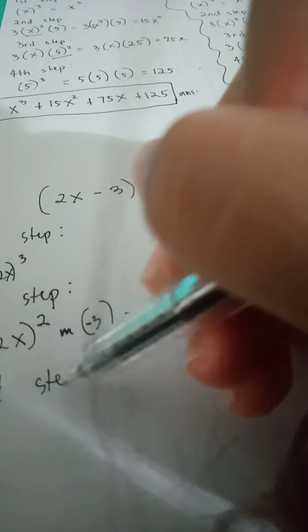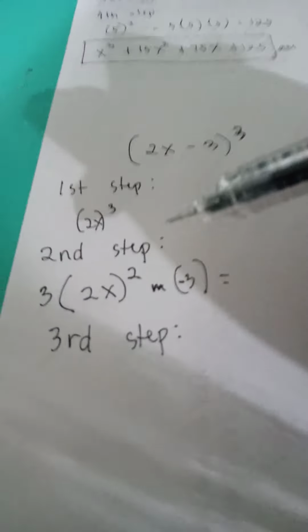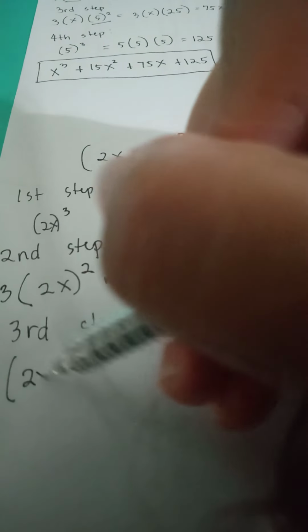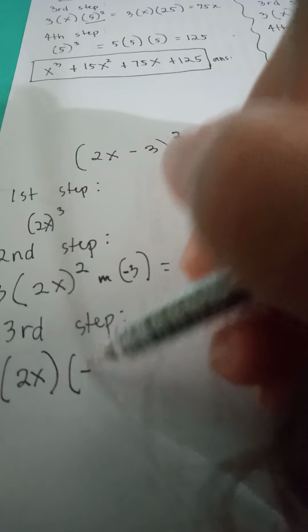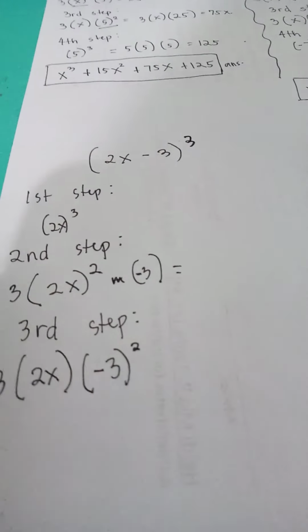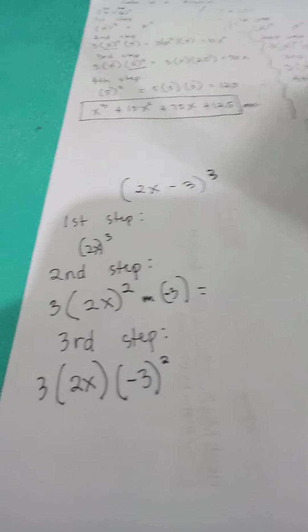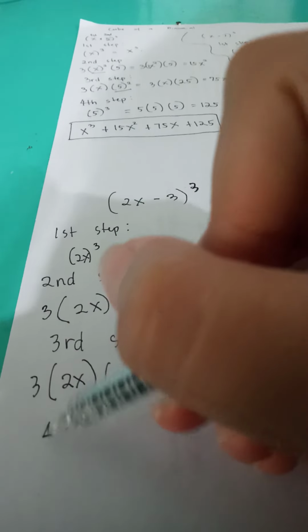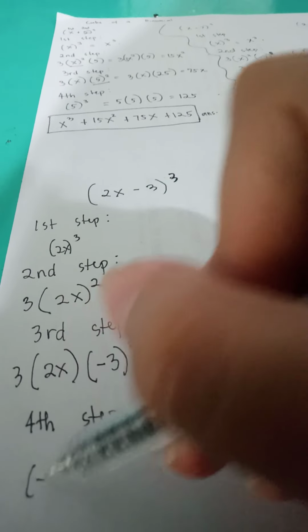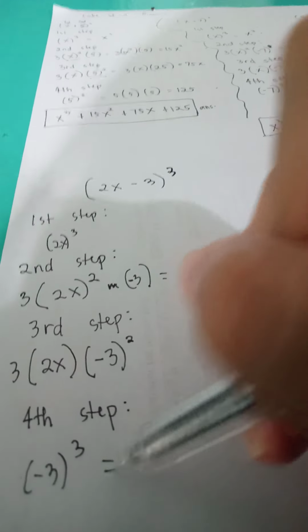Next, our third step is 3 times 2x times negative 3 to the power of 2. Yan. Next is our fourth step. Fourth step is negative 3 to the power of 3.